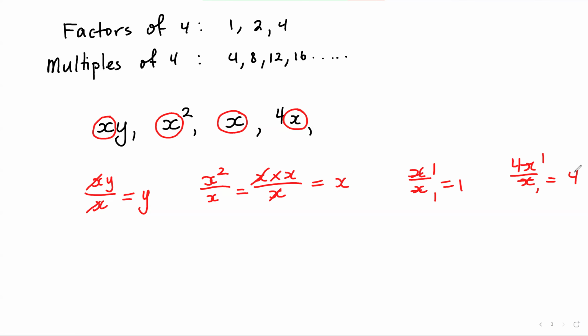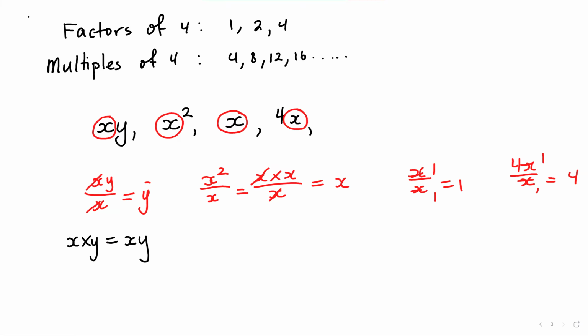So something to make a note of is that when you multiply the factor by the quotient, you get back what you're looking for. What do I mean by that? Well, x into xy is y, and x times y gives me back xy.